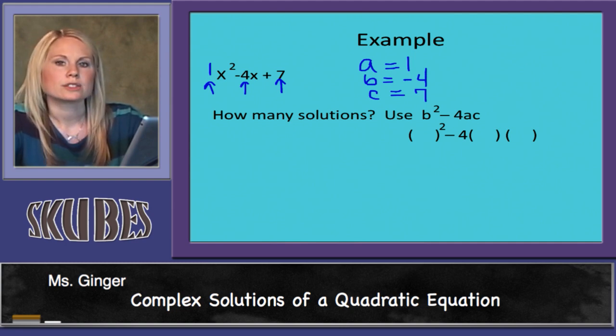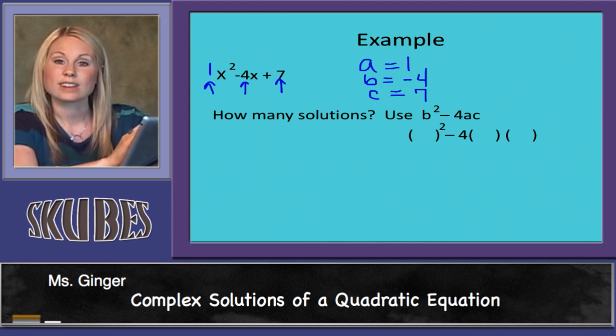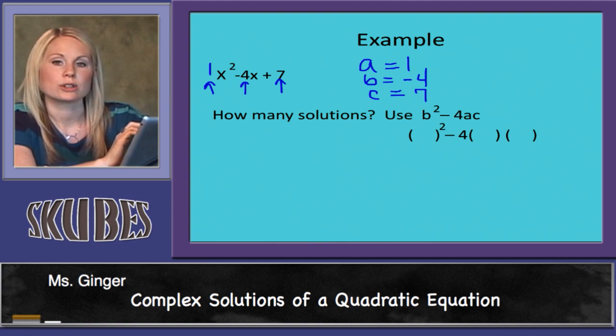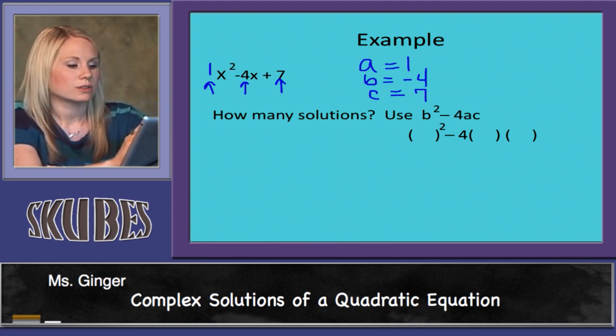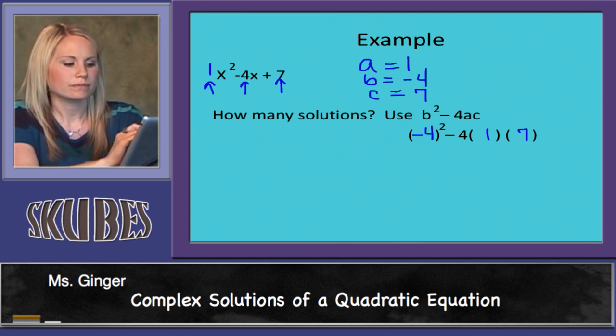First of all, let's see how many solutions this has. We can find that out by looking at the discriminant portion, the part under the radical of the quadratic formula, b squared minus 4ac. Our b goes in front for the b squared, then our a, and our c was 7.